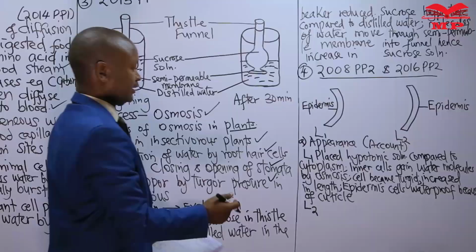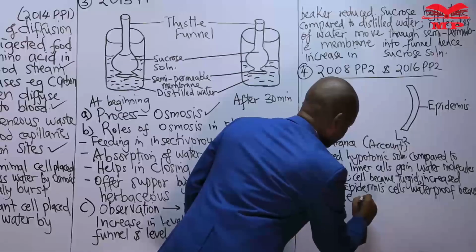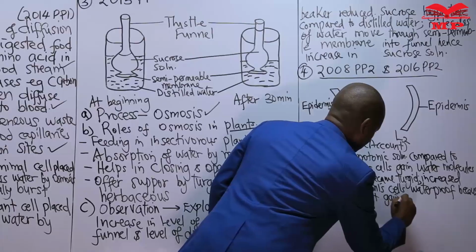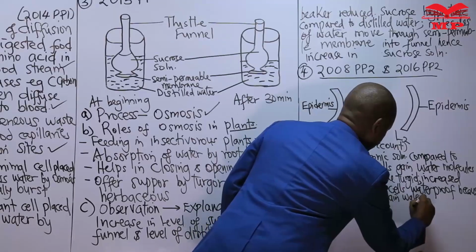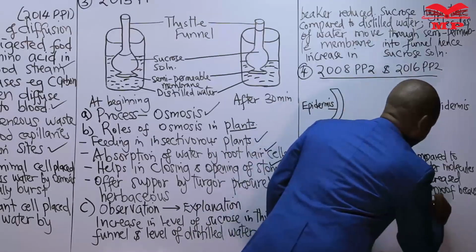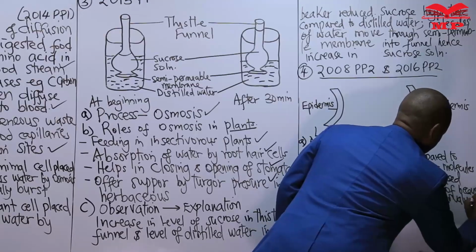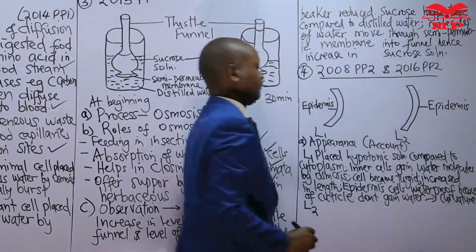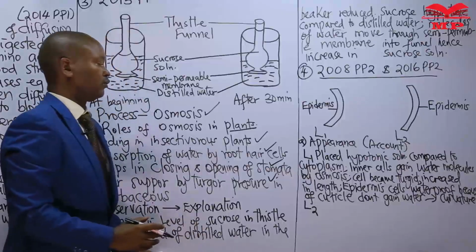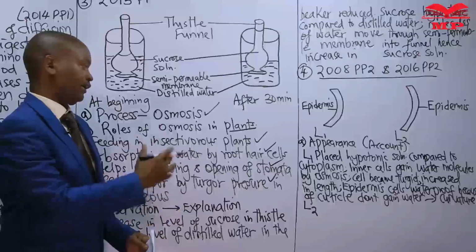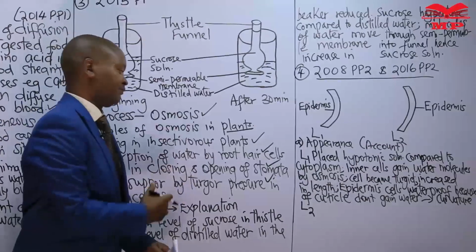Hence that curving. So they don't gain water. Then that leads to the curvature. So the curvature is the part of the stem growing towards some direction.